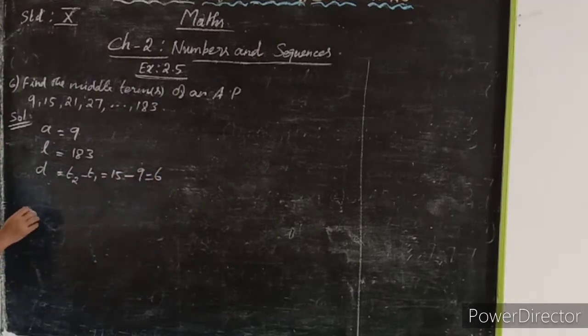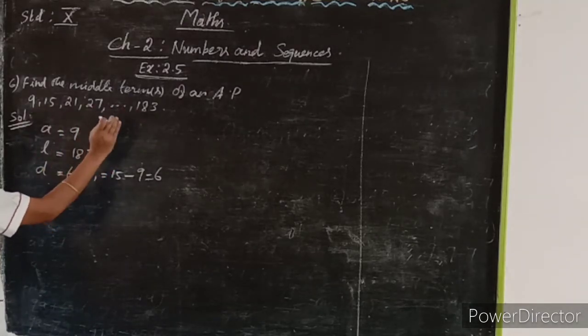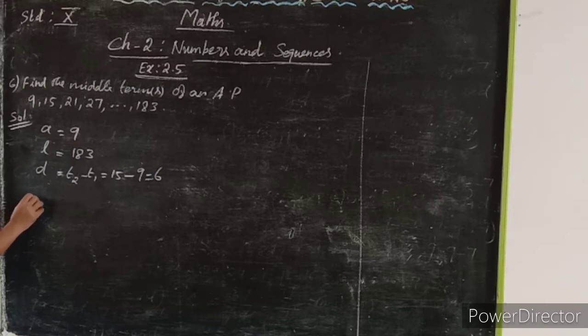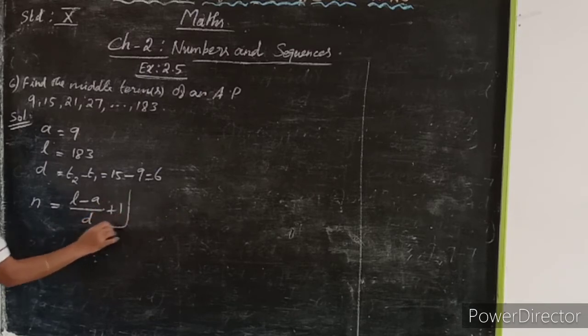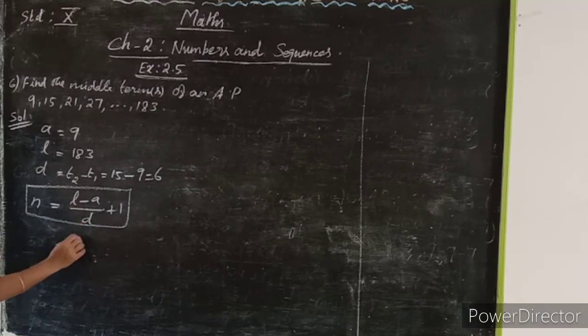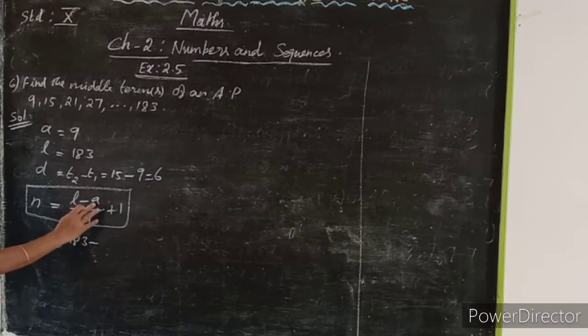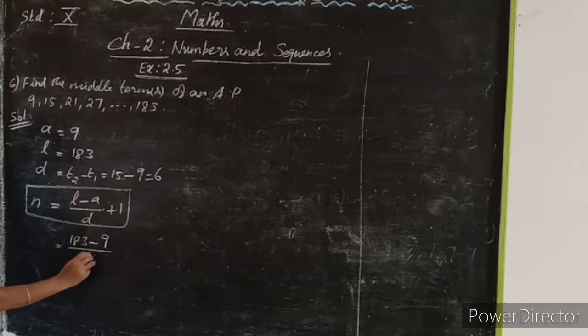First find N. N is (L minus A) by D plus 1. This is the formula for finding N. L is the last term 183, minus A the first term 9, by D the common difference 6, plus 1.